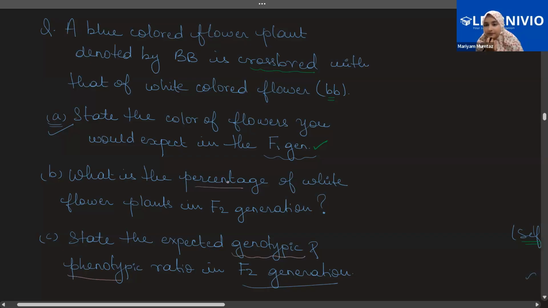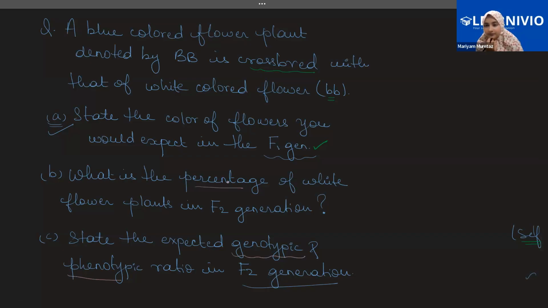Phenotype is what the B and small b represents. Phenotype is the external character. Genotype is the genetic makeup, like capital B, small b, small b. Now tell me what is the ratio of the phenotype? Phenotype is 1:2:1.